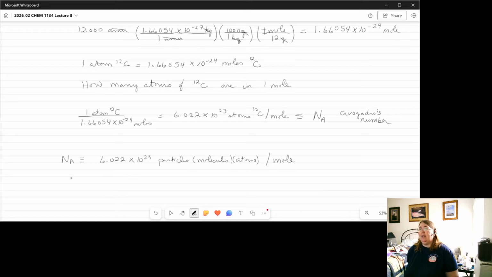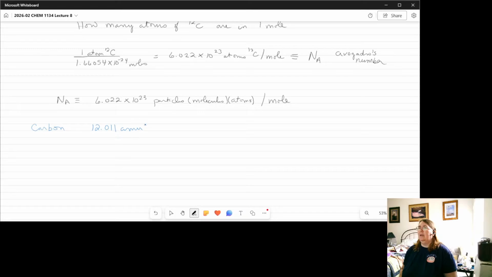So now when I look at the periodic table for carbon, and we already know that this is an average mass, and we worked that out last time, 12.011 AMU is also 1 AMU is now 1 gram per mole, this newly defined mole, and that means I now have 12.011 grams per mole.